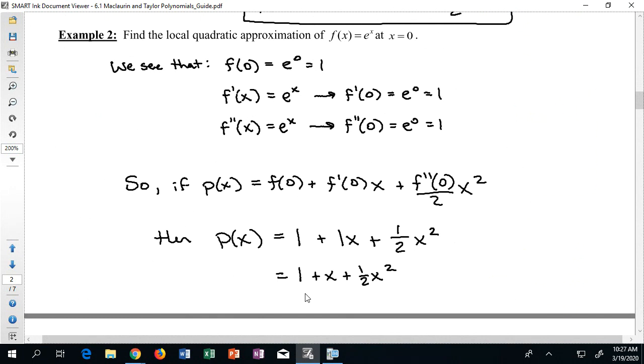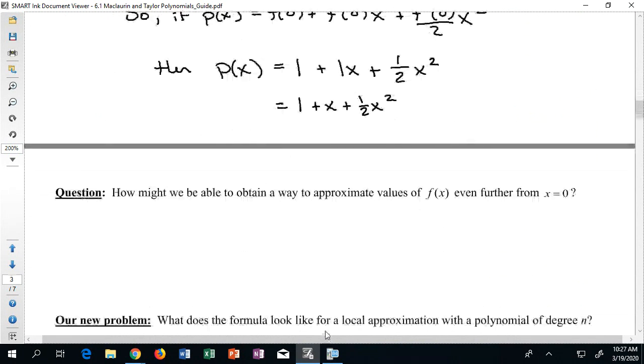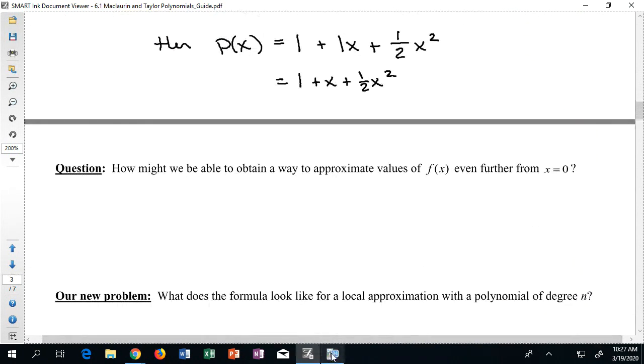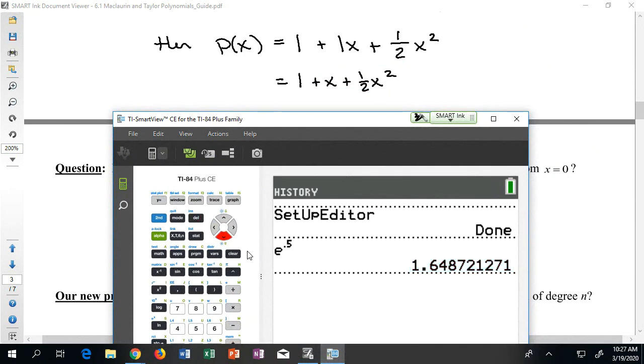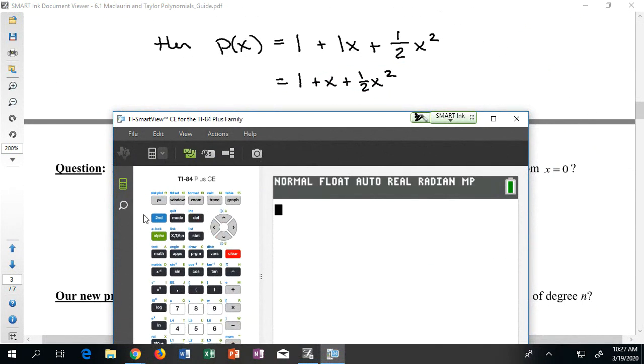So let's see. I'm going to go back to my calculator here really quickly and highlight the following. We saw up here that when we did e to the 0.5, let me just recrunch it out here. We did e to the 0.5, we got this value.